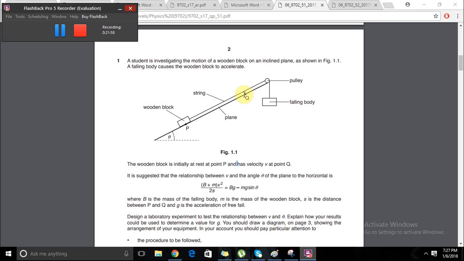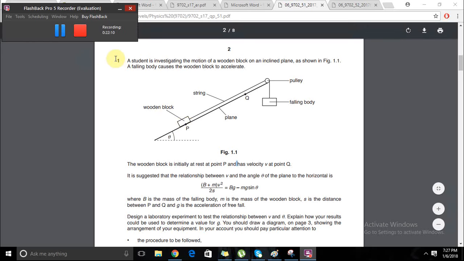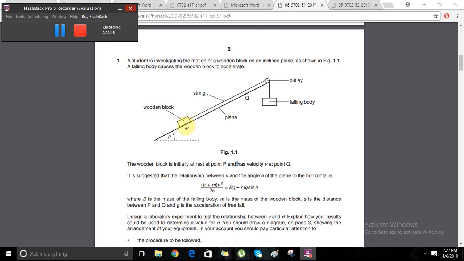Right? So we would have an extra distance that would be equivalent to half the length of the wooden block, won't we? So we just simply have to add that distance up. Whatever distance we have of PQ, to that we will simply add the length of this.